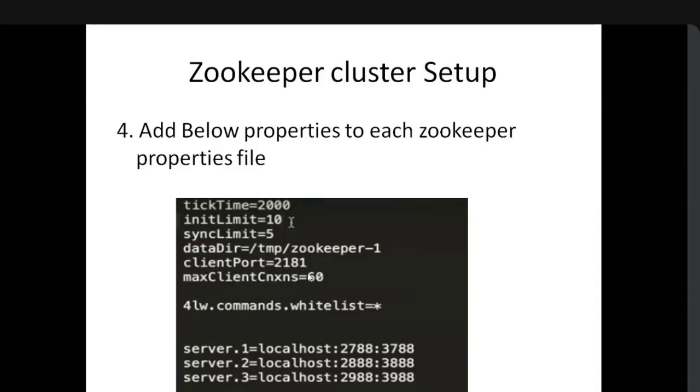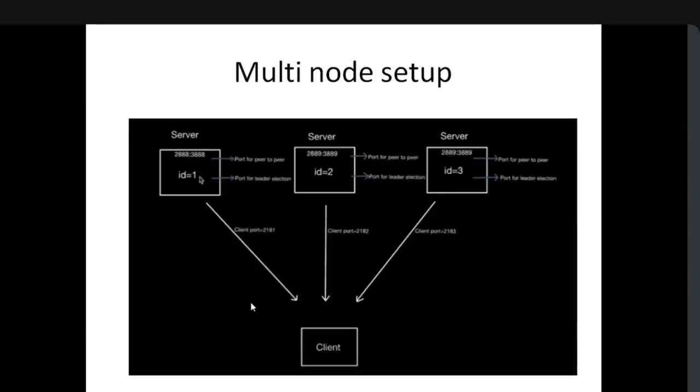Then maxClientCnxns, which is the short form of maximum client connections. You can specify 60 or whatever number you want to give, to limit how many clients can be connected to that particular Zookeeper server. So if you want to allow only 60 clients at a time, then you can give 60.